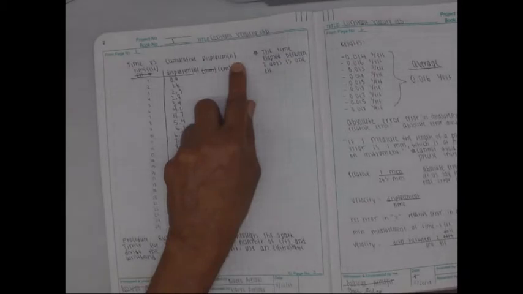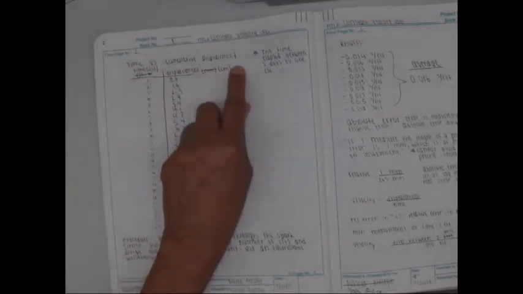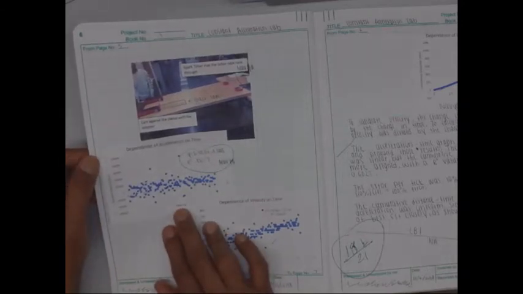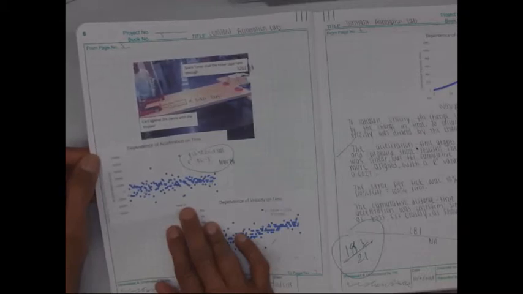Every one of these data tables must have a title. The variable must be there at the top with the proper units. And every graph must also have a title. The axes have to be labeled and must have the units on them.